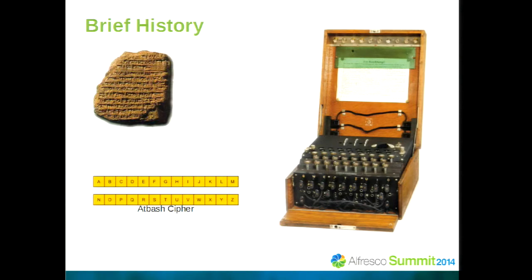It was intercepted. The British broke it and then informed us. And we're like, oh, we need to do something about this. And from that point, encryption really started getting big.